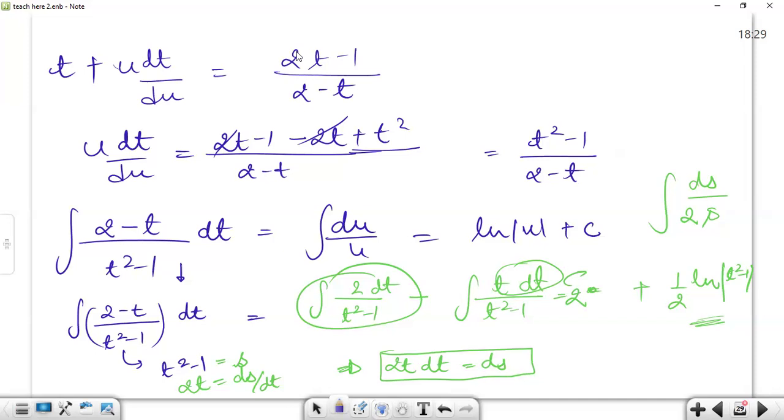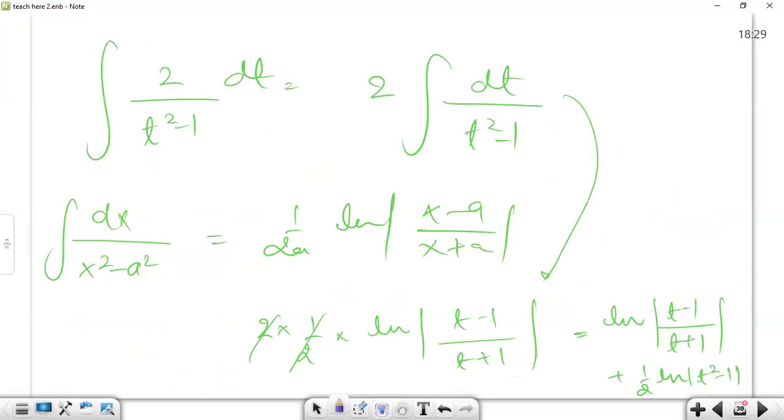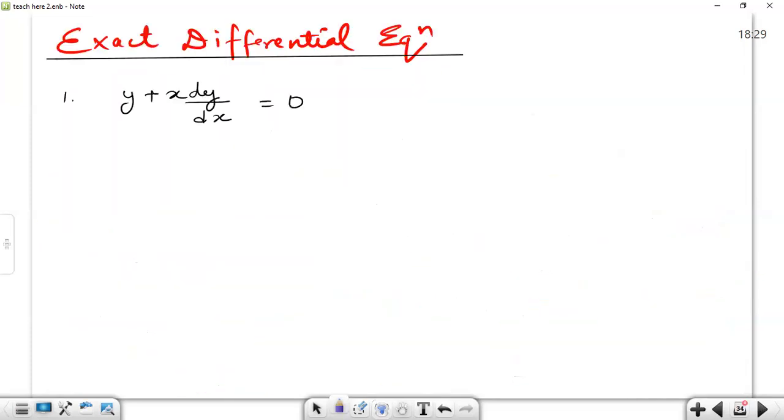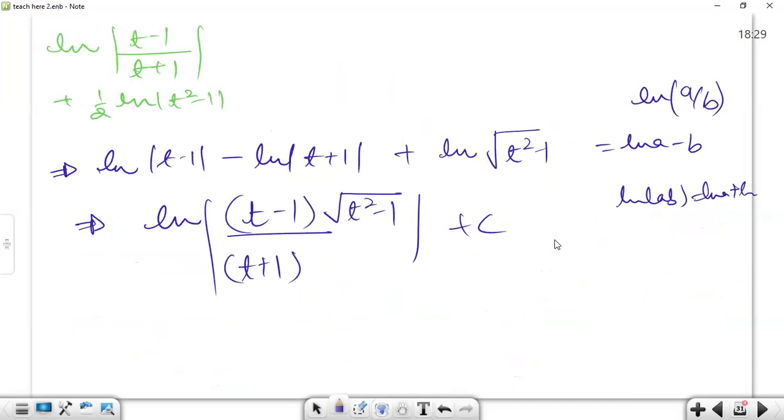We have solved the integration of this, and also the right side. So this we have solved completely. The right hand side was logarithm of u plus c. So this was equal to logarithm of u plus c.